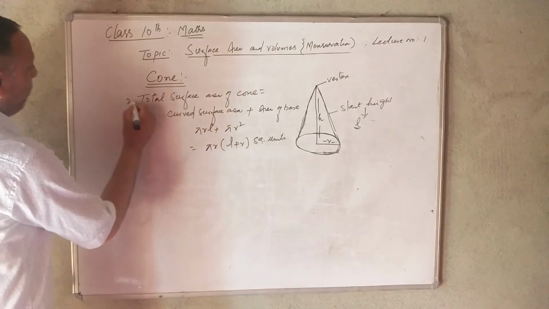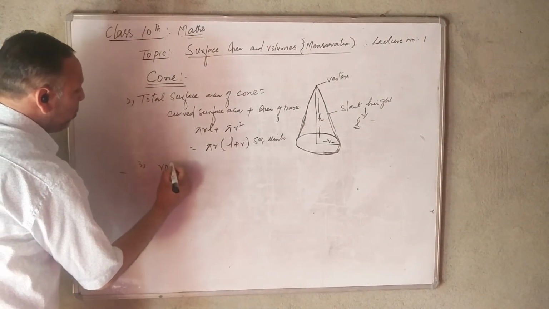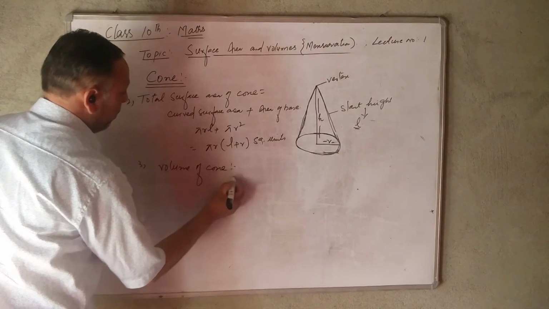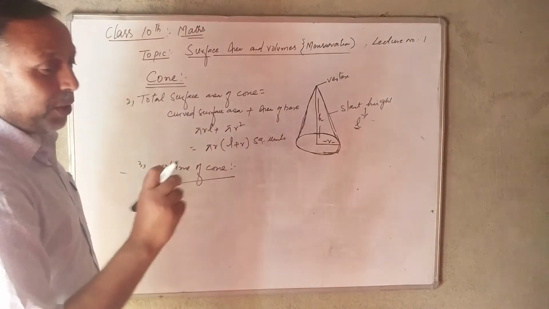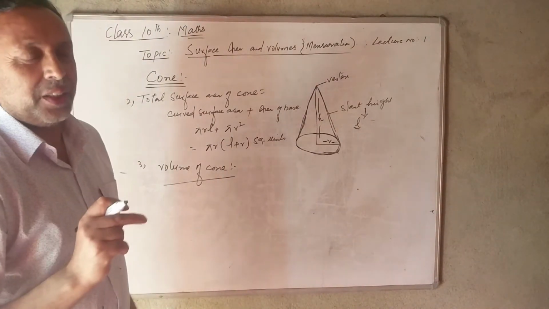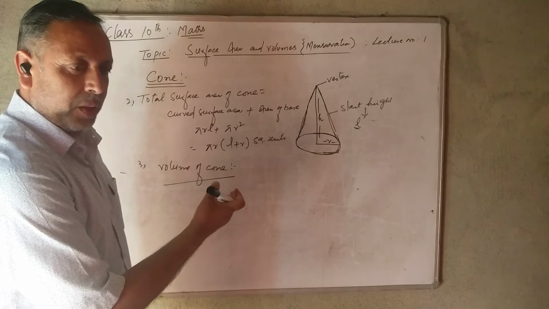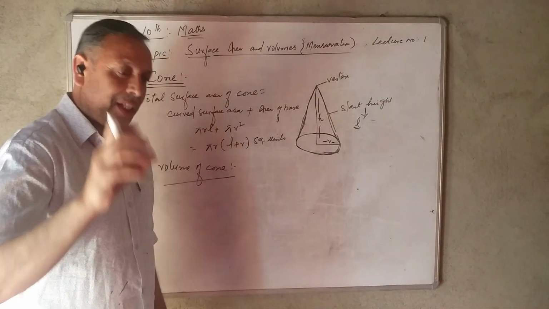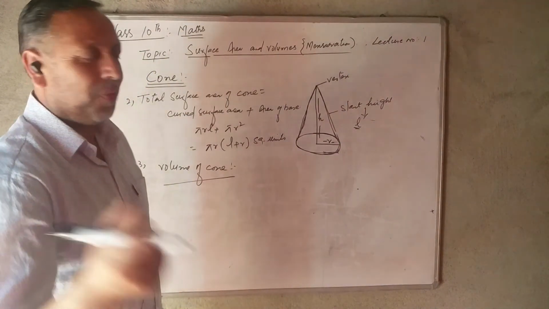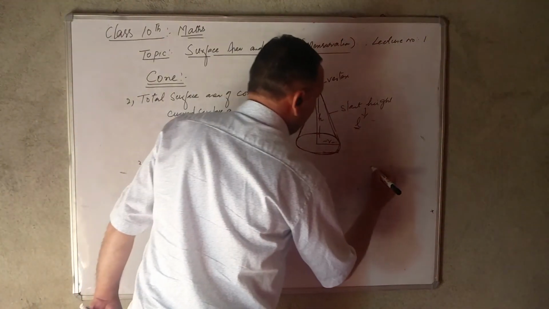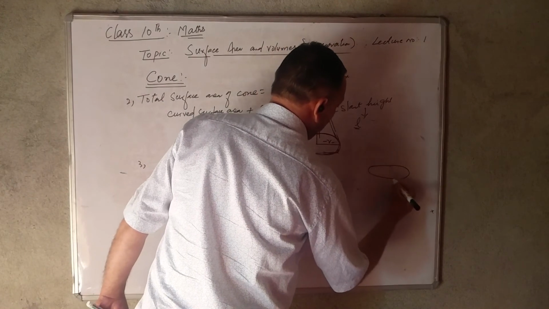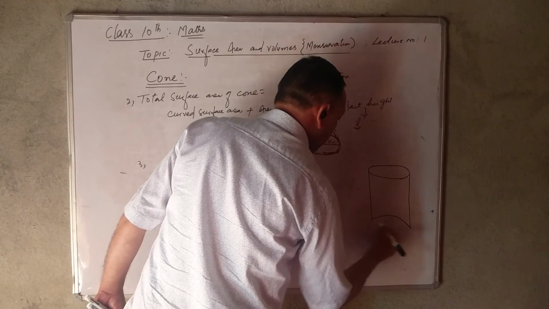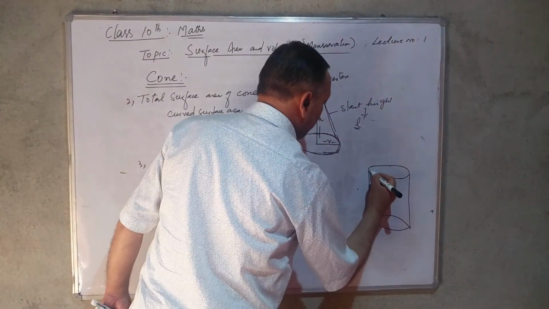Then number third is the volume of cone. Volume of cone is said to be 1/3 the volume of cylinder. It is believed that a cylinder consists of 3 cones. Let me explain like this. Let me take a right circular cylinder. This is the right circular cylinder.